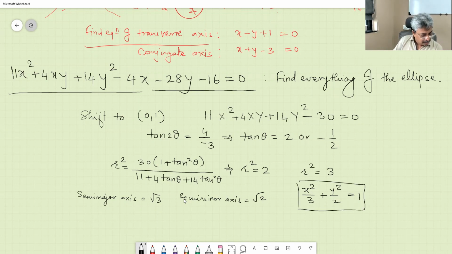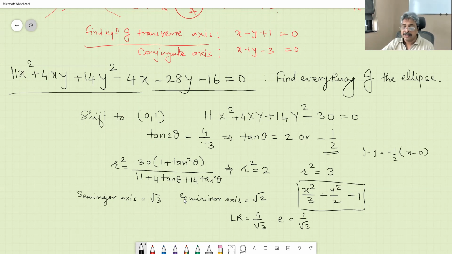Okay, and therefore you can find out latus rectum, which is LR equal to 4 upon root 3, eccentricity is equal to 1 upon root 3. Major axis is with this minus half. Therefore, y minus 1 is equal to minus half into x minus 0.